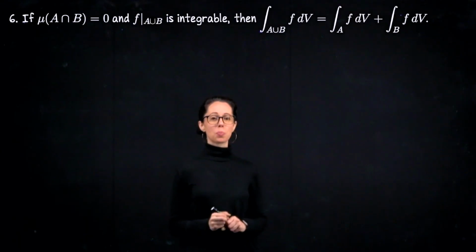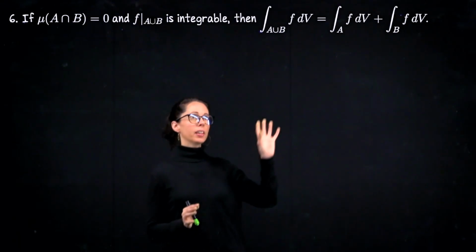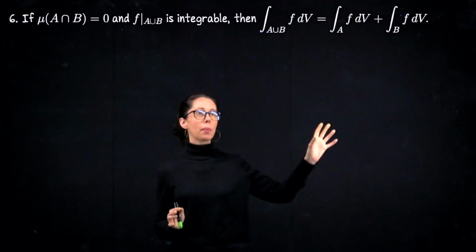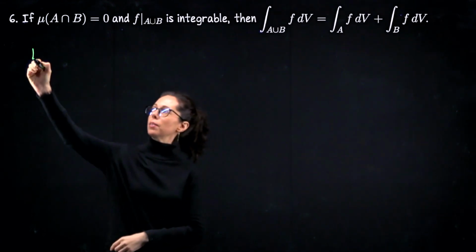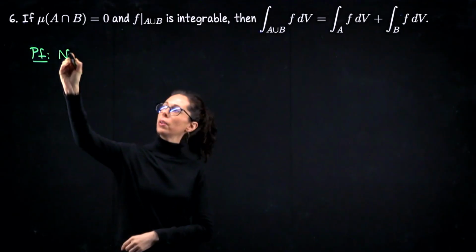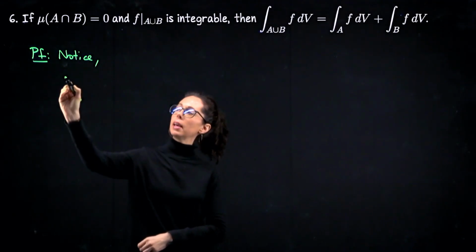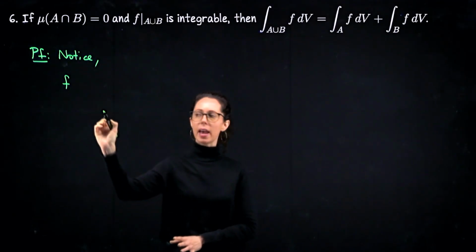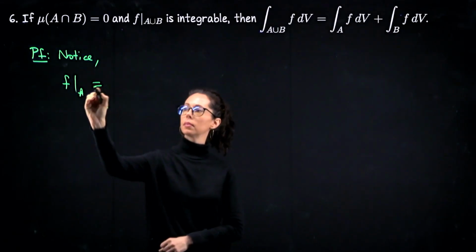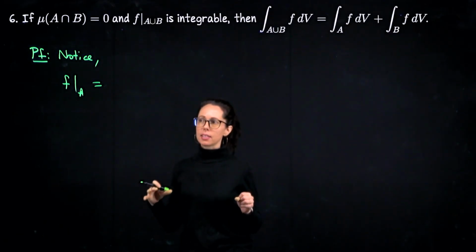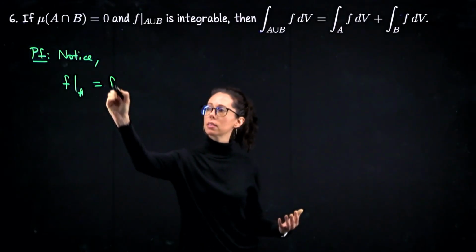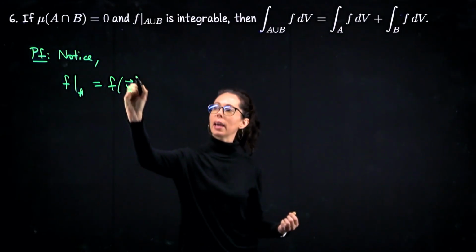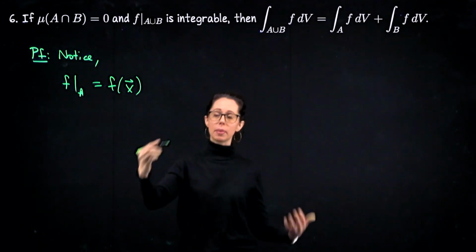What we're going to do in this proof is take f and think about what restricting it to the different domains here would look like. So in particular, let me start to write this down. Notice if I take f and restrict it to A, what I mean by that is that whenever I plug a point from A into f, it's just going to be f of x. But whenever I plug something outside of A into f, it's going to be 0.